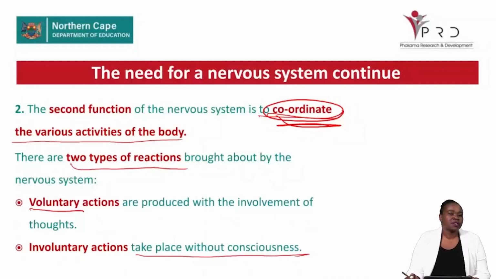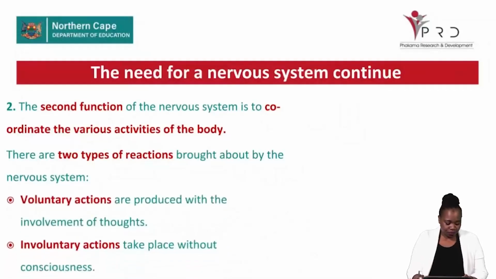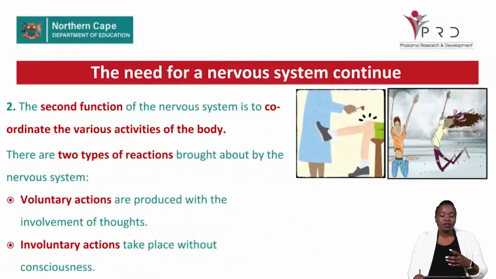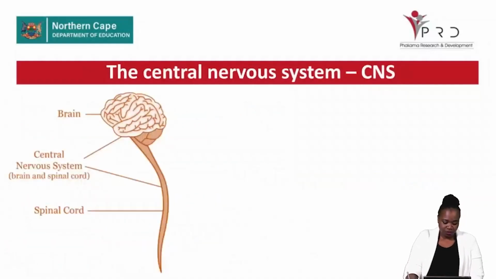It would be things such as sneezing and coughing, because you do not decide that I want to sneeze, right? It just happens. And as it happens, we know that it is involuntary, and it is due to the human nervous system, right? So an example here, we can see this would be voluntary because these children have decided that they're going to jump, right? Whereas this knee jerk over here is not voluntary, and it is an involuntary action, right?